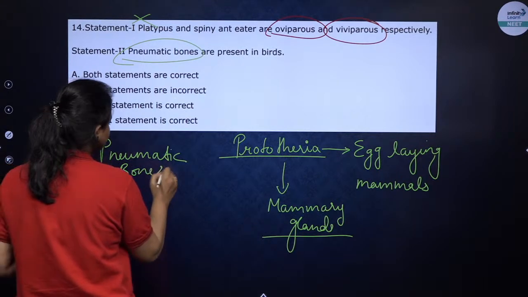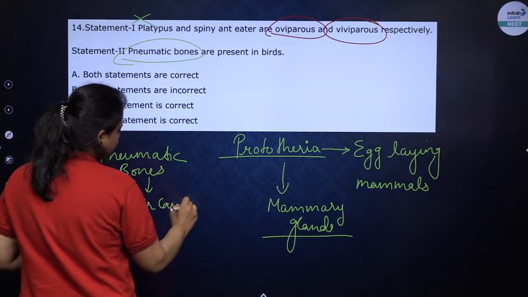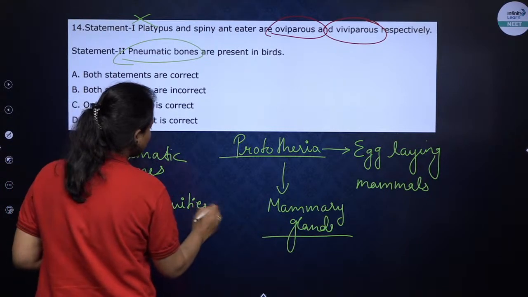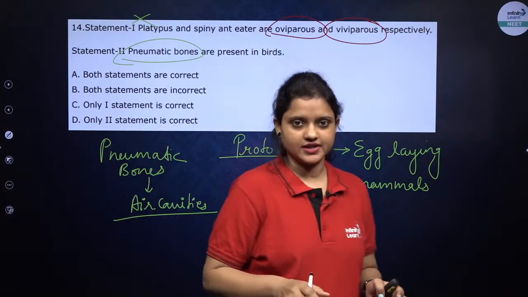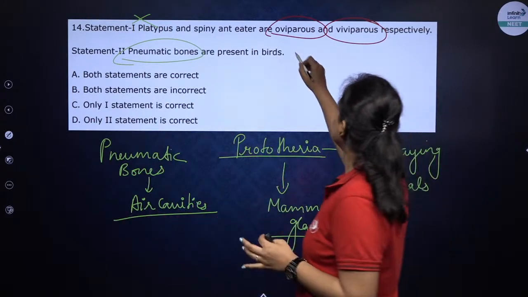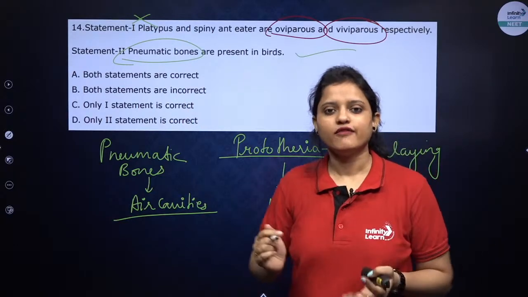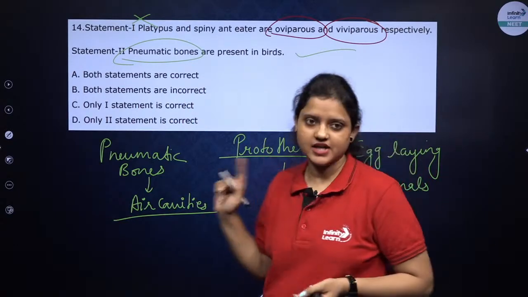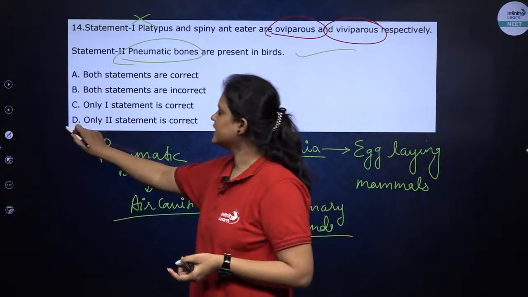Pneumo means air, and this is present in birds. Yes, it is absolutely correct. We don't want our birds to be heavy, otherwise they will not be able to fly. So the second statement is correct, but the first statement is wrong. And correct option is D.